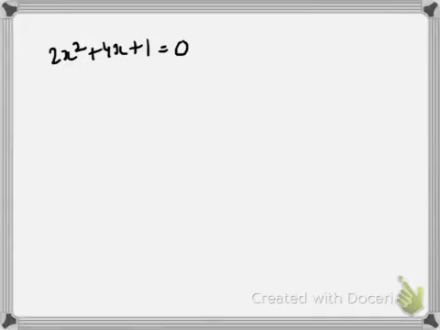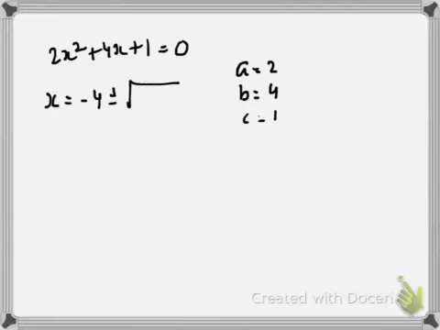Okay, so we've got 2x squared plus 4x plus 1 equals 0, and that doesn't factorise, so we've got to use the quadratic formula. So a equals 2, b equals 4, and c equals 1. So x will be negative b, plus or minus the square root of b squared, which is 4 squared, minus 4 times a, which is 2, times c, which is 1.